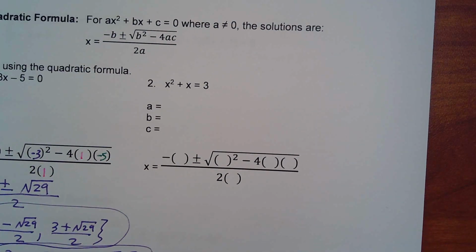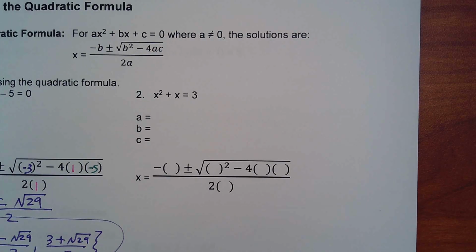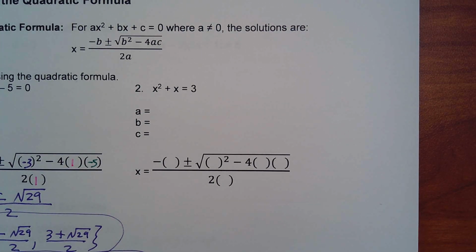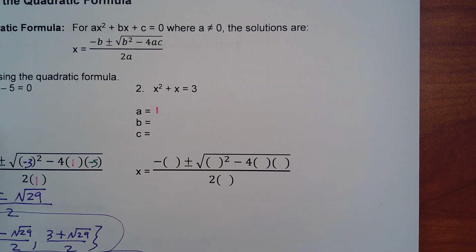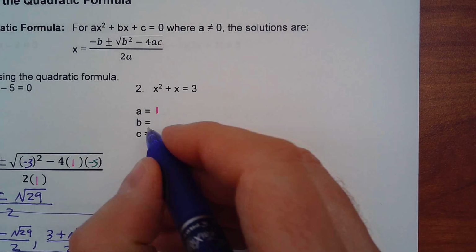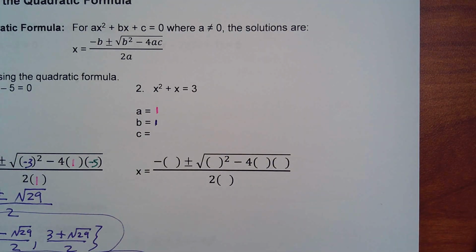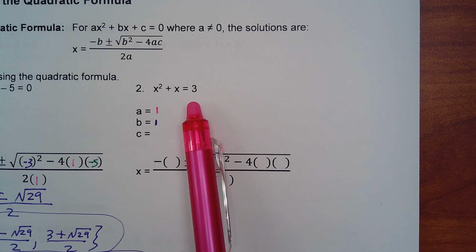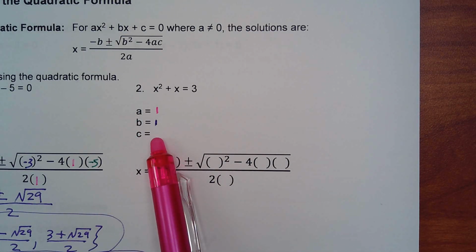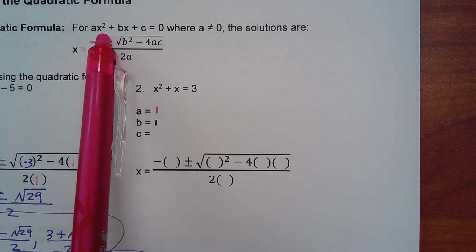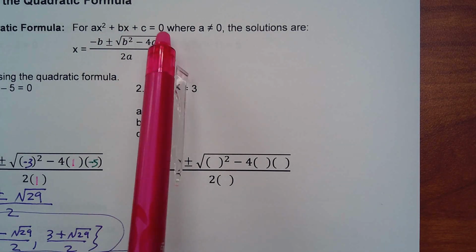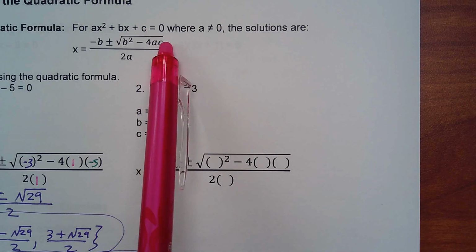So let's try number 2. Again, I'm going to identify A, B, and C and plug in. A here is 1. B is also 1. Now, if I put 3 down here for C, I'm going to run into a problem. I'm not going to get the right answer, because notice my formula, I have to have it solved for 0 first.